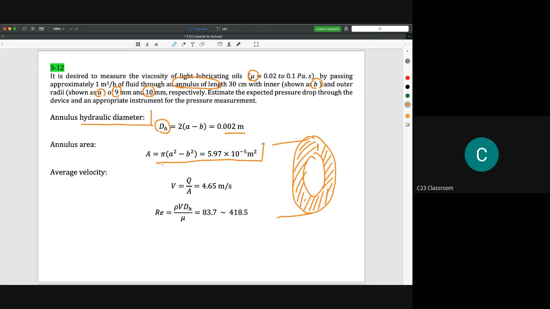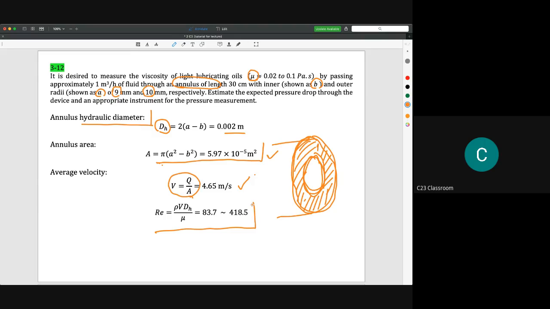I think you already know we calculate the larger area first, and then we deduct the smaller area. So we get this one. So the average velocity, this is the common continuity equation. So we get it is around 4.65 meter per second, and then we could calculate the Reynolds number.